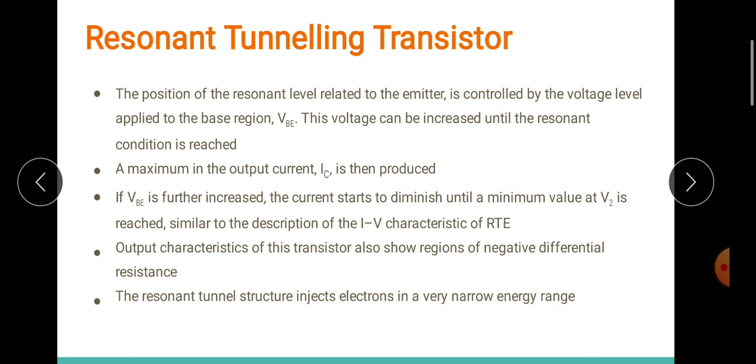As you further increase VBE, our current starts reducing until a particular minimum voltage, and with further increase in voltage, the current increases again. So basically these resonant tunneling transistors inject electrons to a very short range of energy only, right?